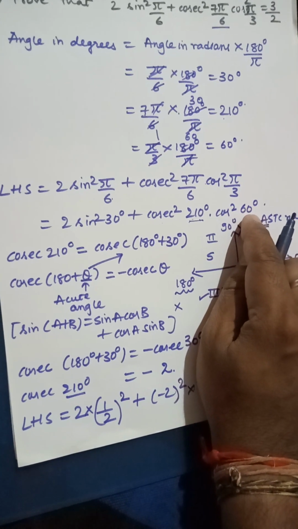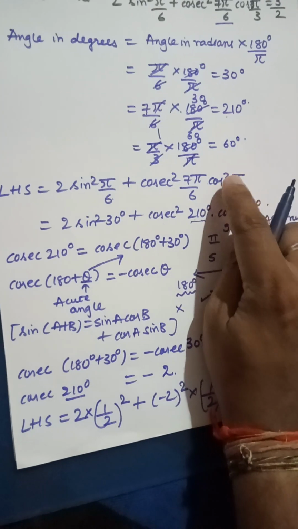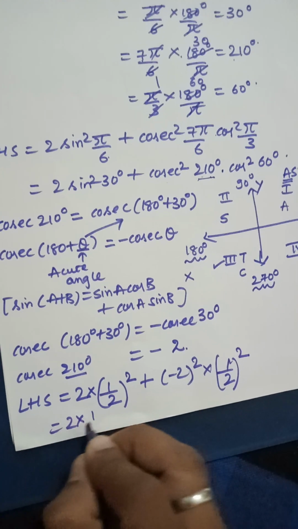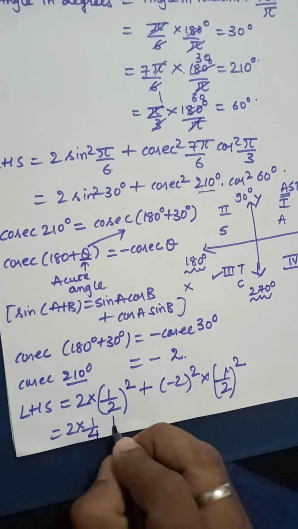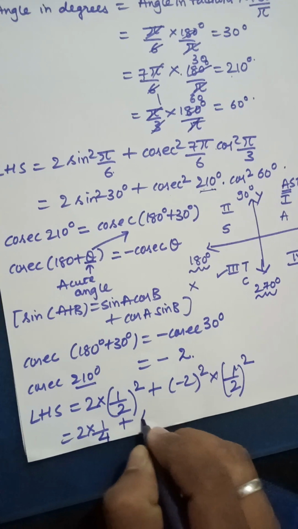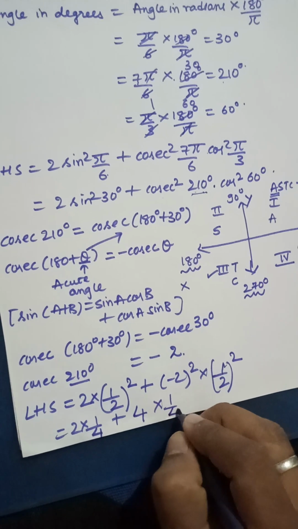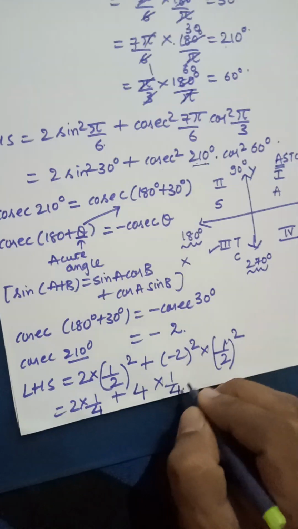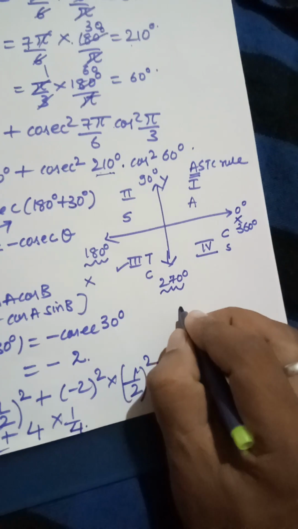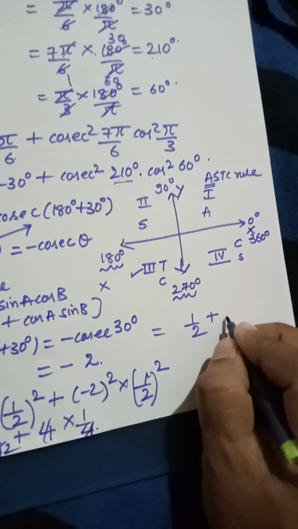Cos 60 degrees is also 1 by 2, but it has to be squared here. So we'll square it. So this is 2 into 1 by 4. Minus 2 whole square is minus 2 into minus 2, which will be plus 4, into 1 by 4. 1 by 2 whole square is 1 by 4. So this is 2 into 1 by 4, which is equal to 1 by 2, plus this, and this gets cancelled. So it will be 1.